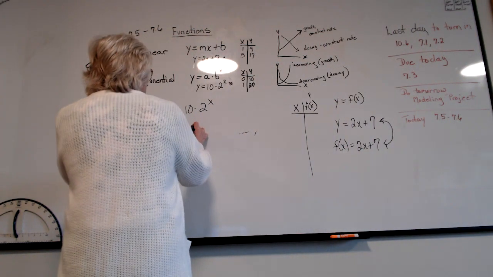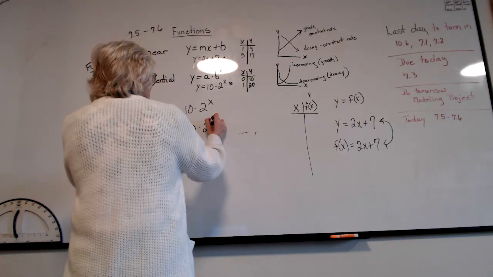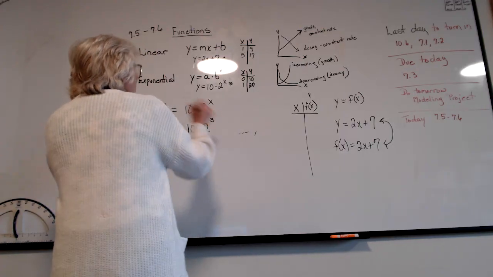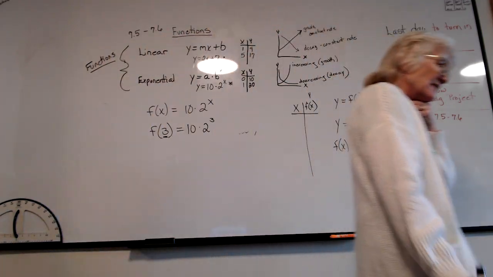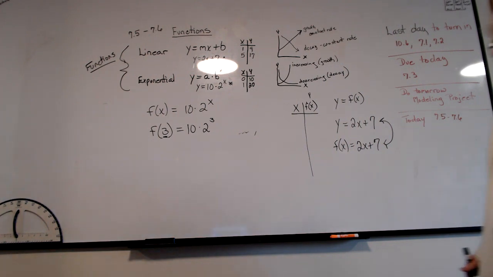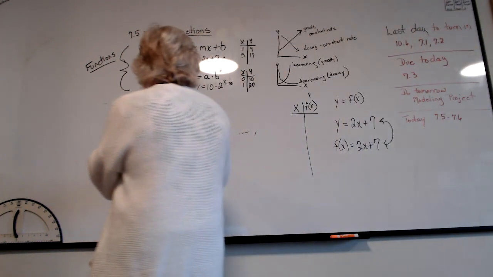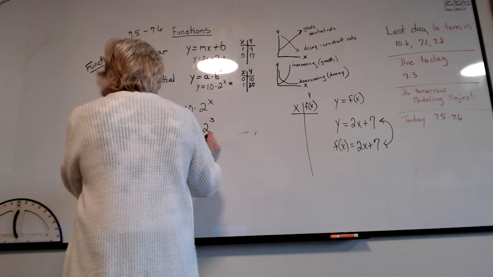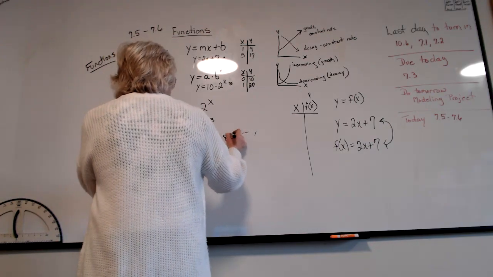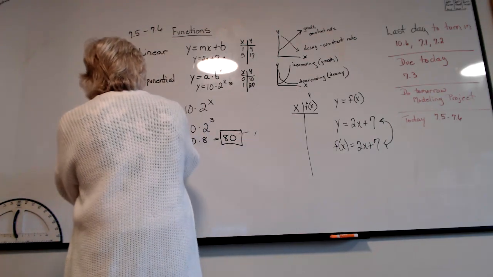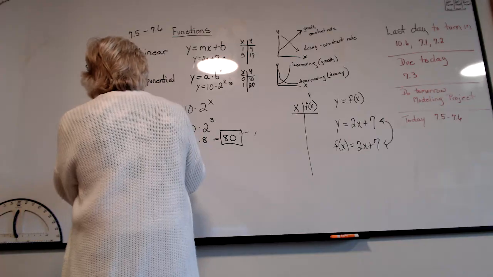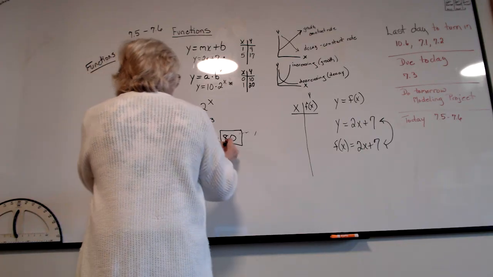Perfect. Because this says input 3 is the x. So I'm going to get 10 times 8, which is 80. There is my output. This is my input. Input, output.